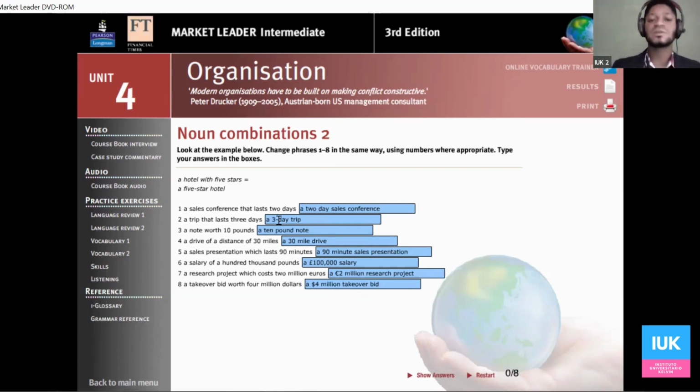Now, in all these situations where you have nouns that are typically measured in numeric terms, it's all right to use numbers. However, in more spontaneous or more irregular situations, such as how long a conference would last, such as a note worth £10, what if it was worth £30 or £20 or £100?